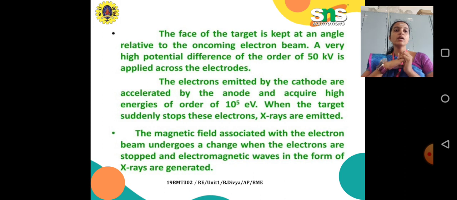A very high potential difference of the order of 50 kV is applied across the electrodes. The electrons emitted by the cathode are accelerated by the anode and acquire a high energy of the order of 10 to the power 5 electron volts.